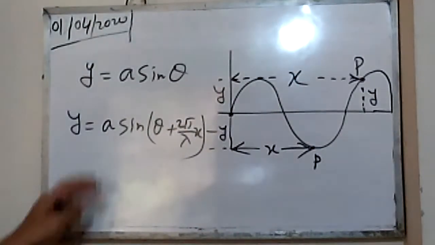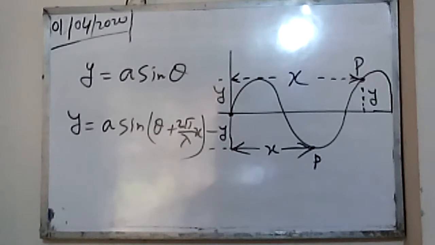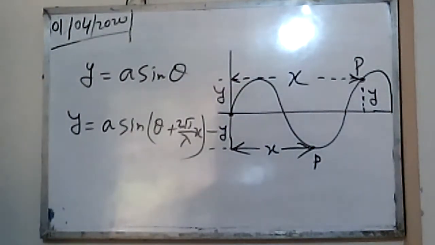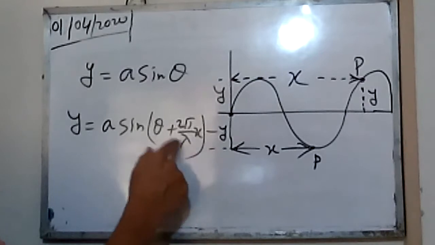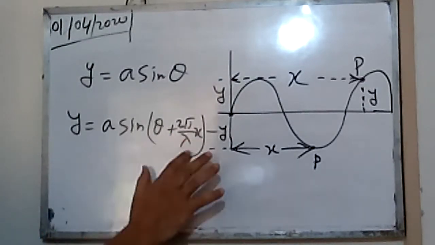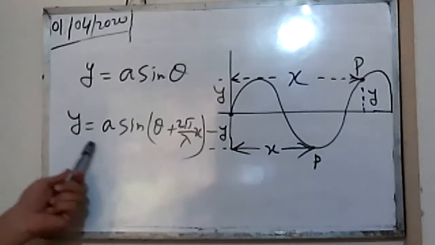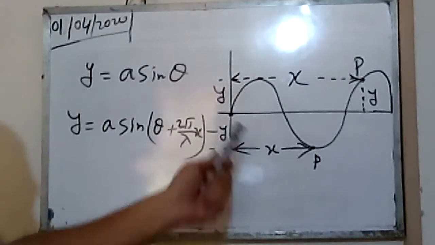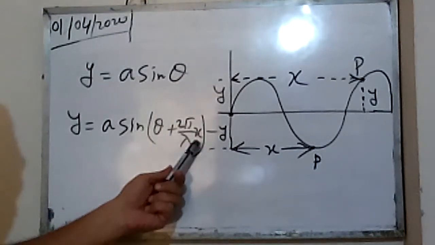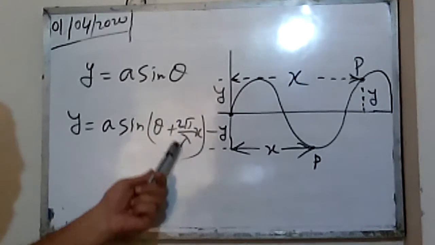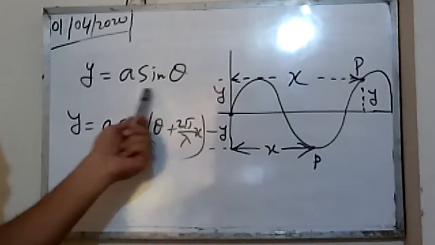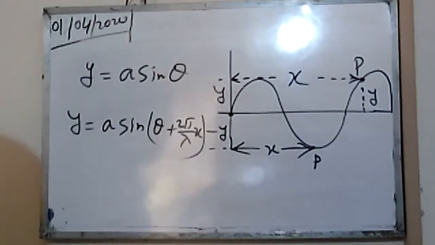This will be the equation of p particle, and actually this is the general equation for all particles including the first particle. Suppose for the first particle x will be 0, then 2 pi by lambda x will be 0, and you will get y equal to a sine theta. This is the first particle equation.